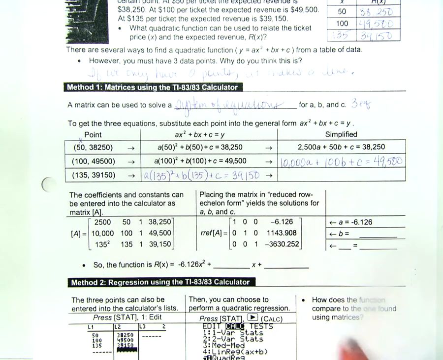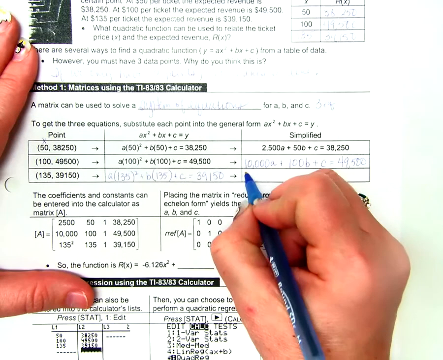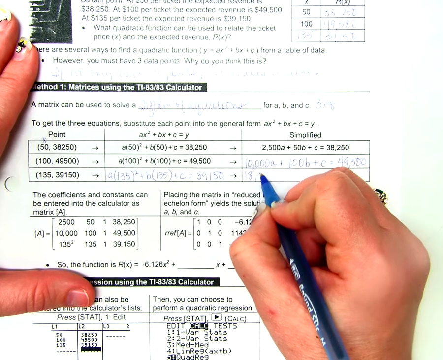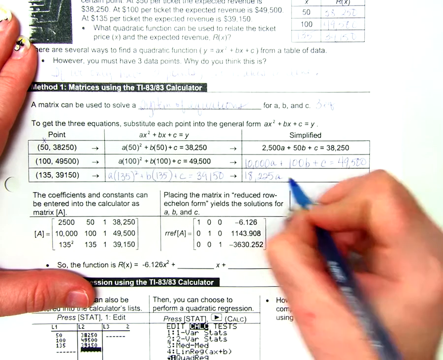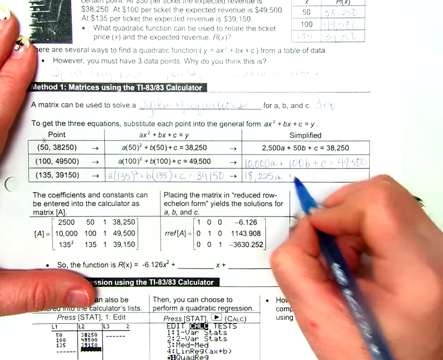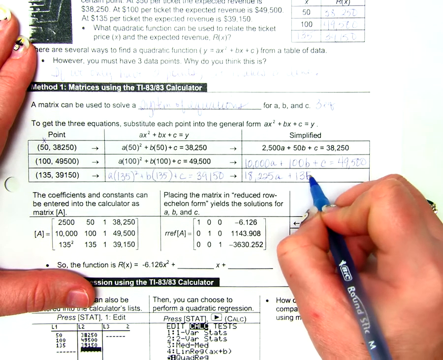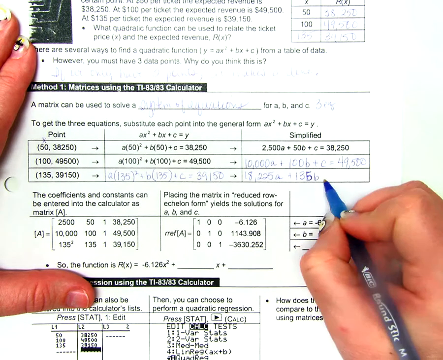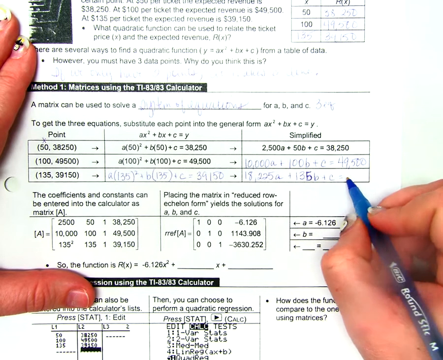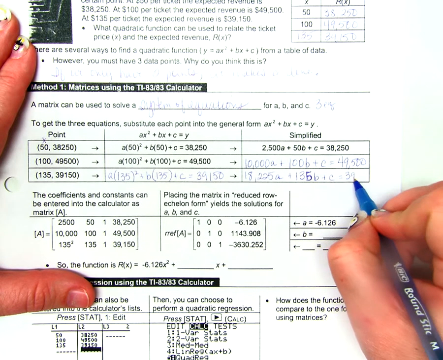Now, simplify it. 225, A, very good, plus 135B plus C. Very good.